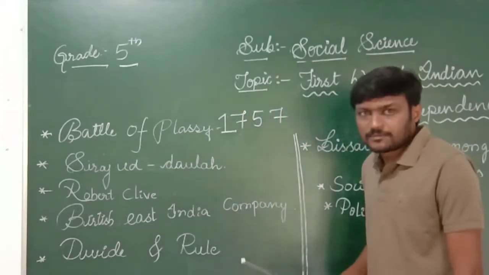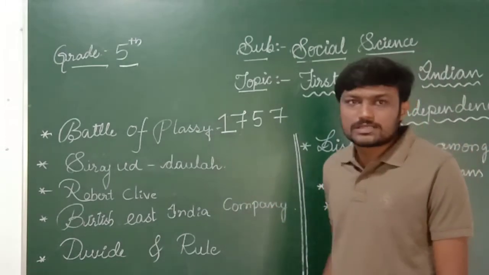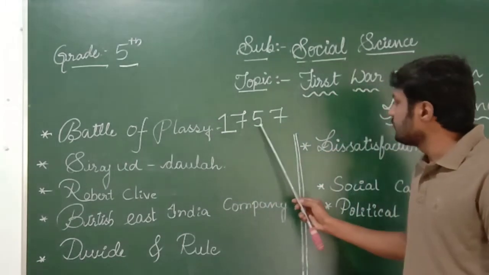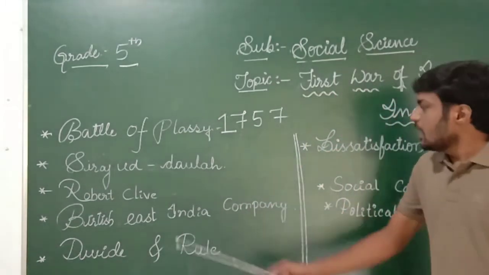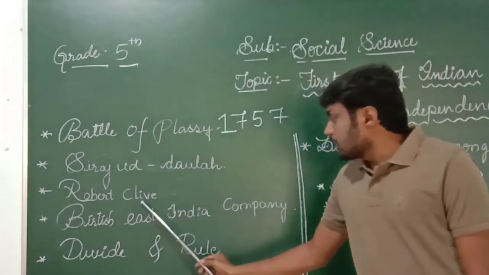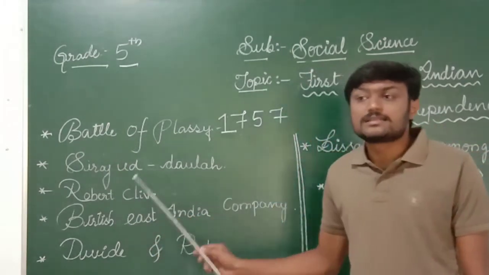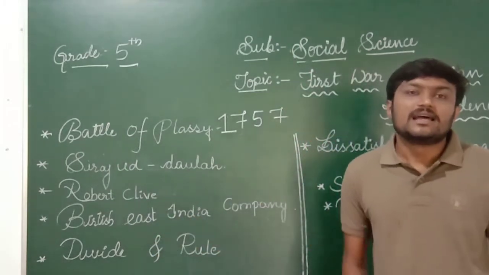Because of this, the Battle of Plassey took place in 1757 between Robert Clive and Sirajuddaulah. Robert Clive fought Sirajuddaulah, and Sirajuddaulah was defeated.